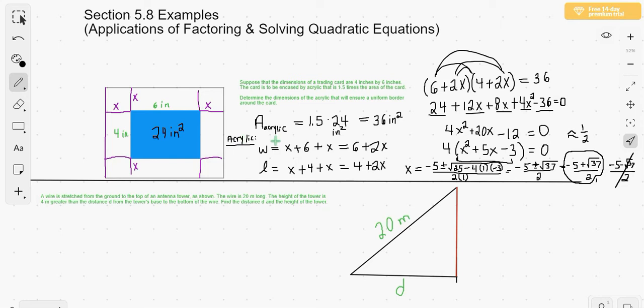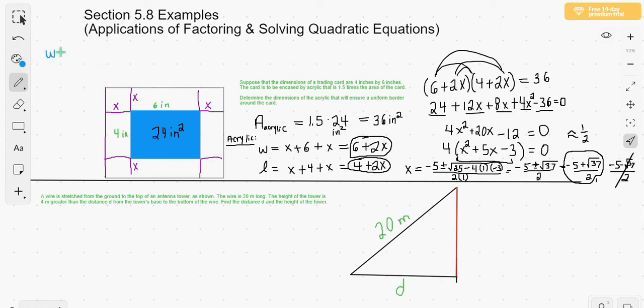Anyway, now they were asking us to determine the dimensions of the acrylic. So the acrylic here is going to be, remember, we've got the width and the length. The width is 6 plus 2x. The length is 4 plus 2x. So the dimensions are a little bit ugly to write, but I'll write them.